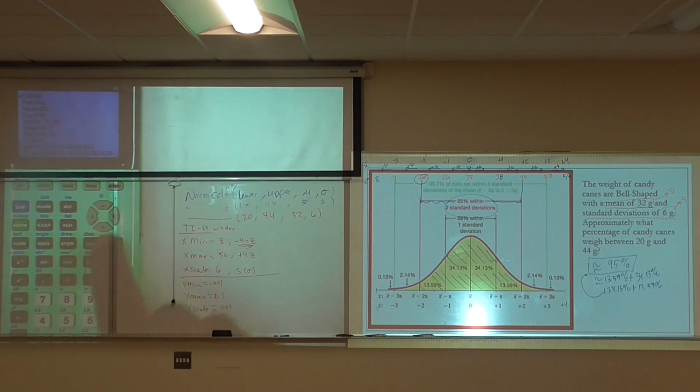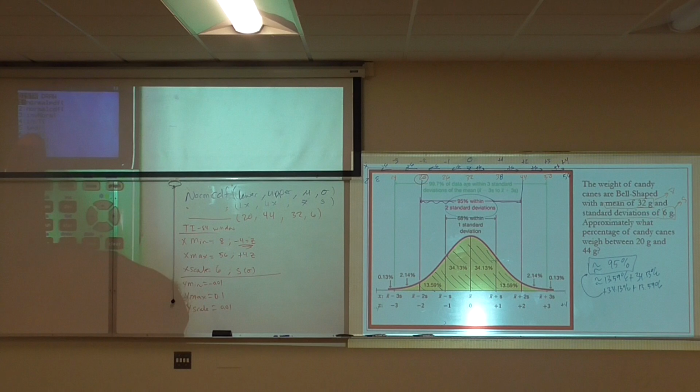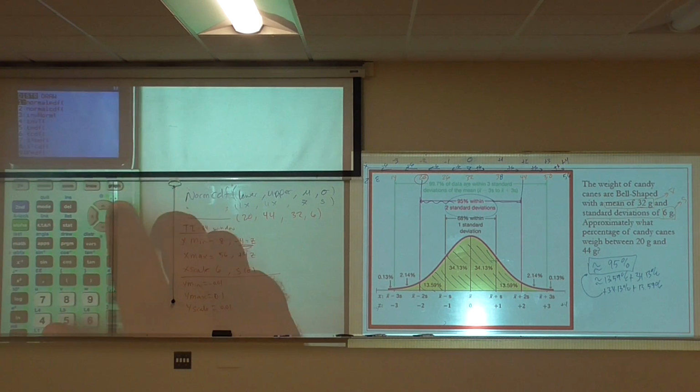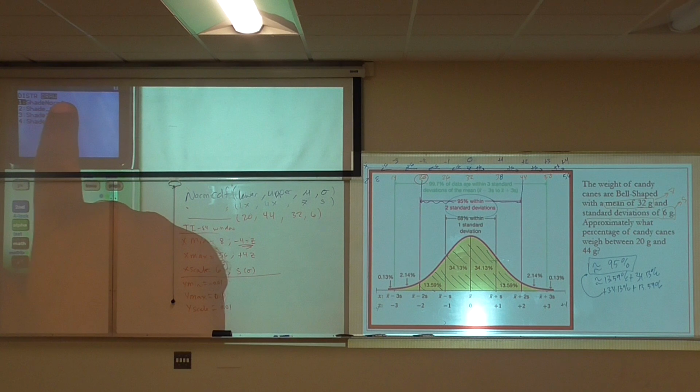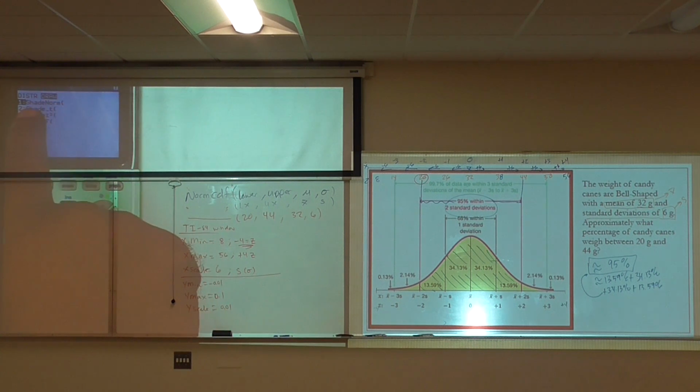Now I'm going to go to second, and I'm going to get my distribution, which is right here, which is bars. So second bars to get my distribution. I'm going to do the same thing, but instead of shade, I'm going to go to draw, and I'm going to look over here and choose the normal.